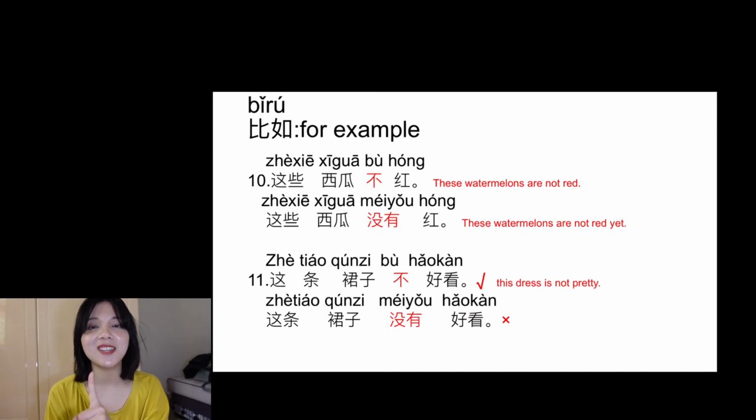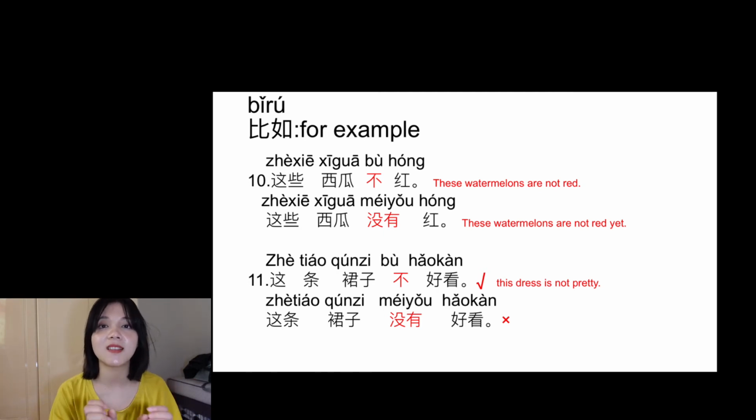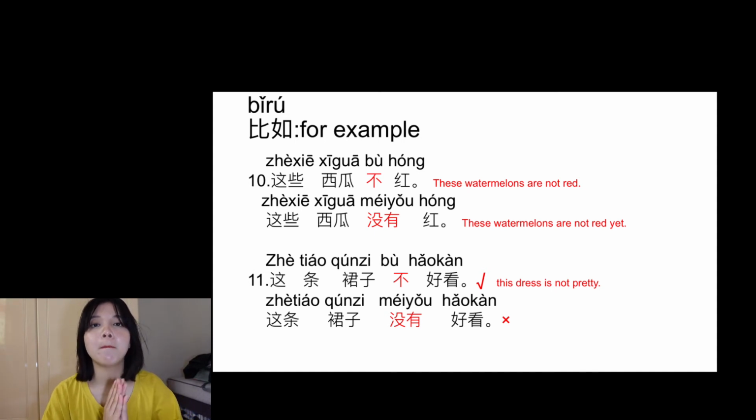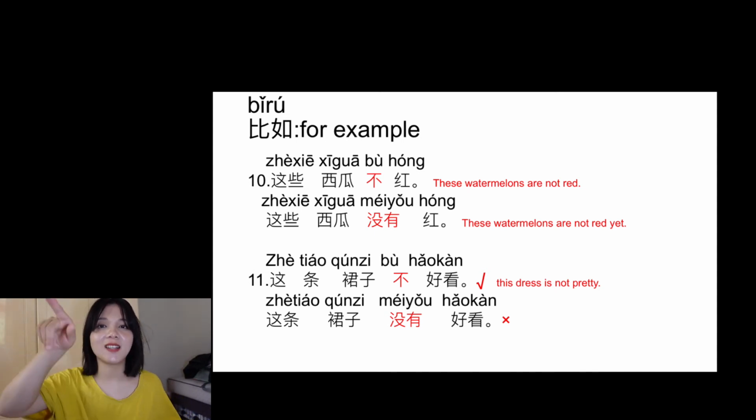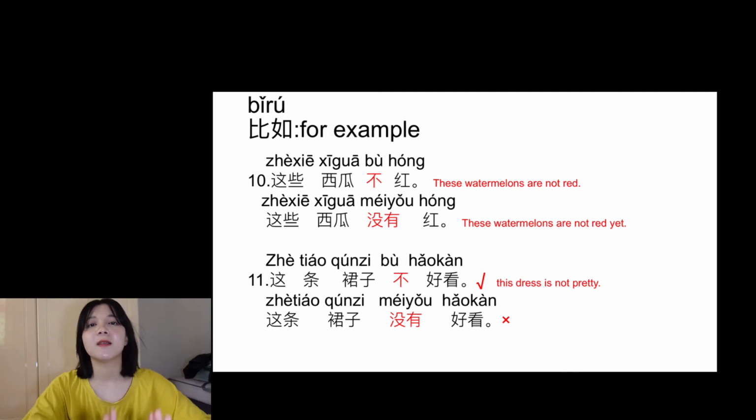And 这些西瓜不红, these watermelons are not red. And 这些西瓜没有红, these watermelons are not red yet. And 这条裙子不好看. Yes, 这条裙子没有好看, you can't say this.